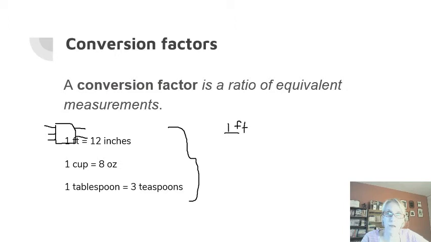So 1 foot equals 12 inches, and that is the same thing as writing 12 inches equals 1 foot. So you can flip these any way you need depending on how you need to cross out the units. So if foot's on top, then you use the conversion with foot on the bottom. If inches on top, then you got to use the conversion with inches on the bottom. Okay?